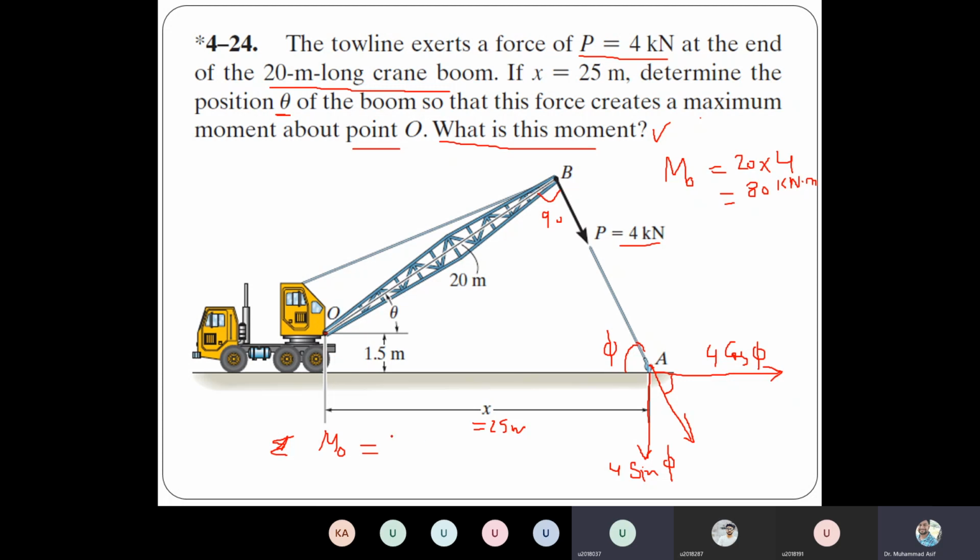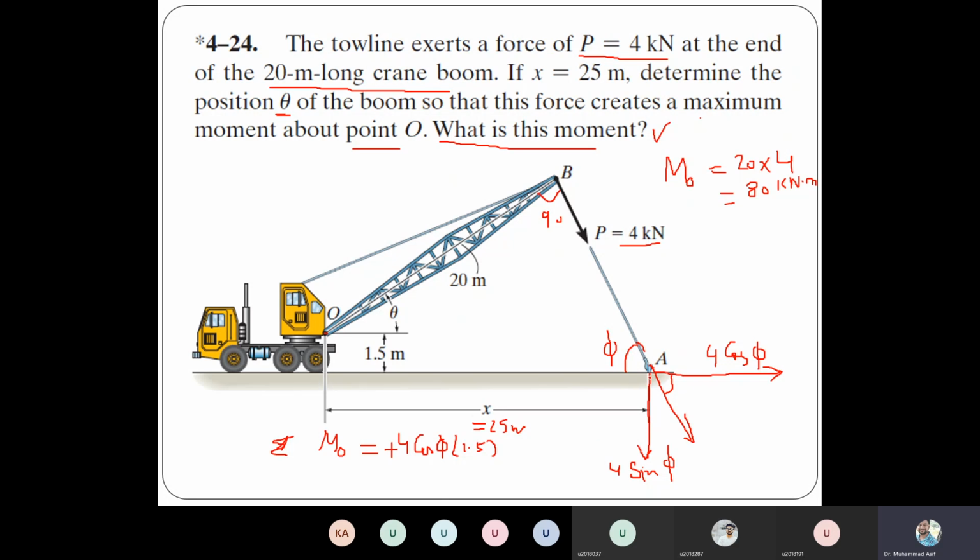Good. So 4 cos phi multiplied by the moment arm 1.5. What is the direction if we use this moment arm? Counterclockwise. So this will be positive.